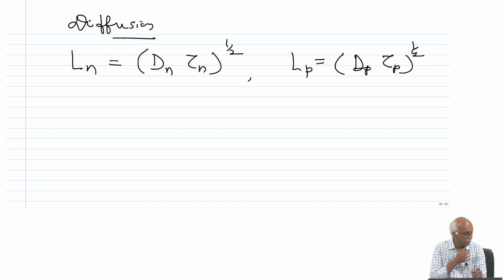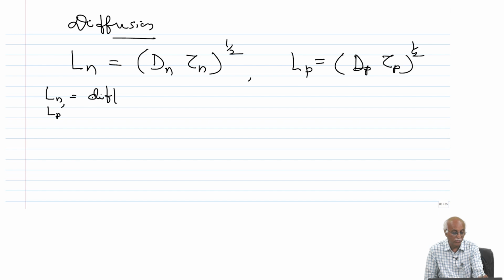It is given by this form, where Ln and Lp are the diffusion lengths for electrons and holes, and Dn and Dp are the diffusion coefficients.